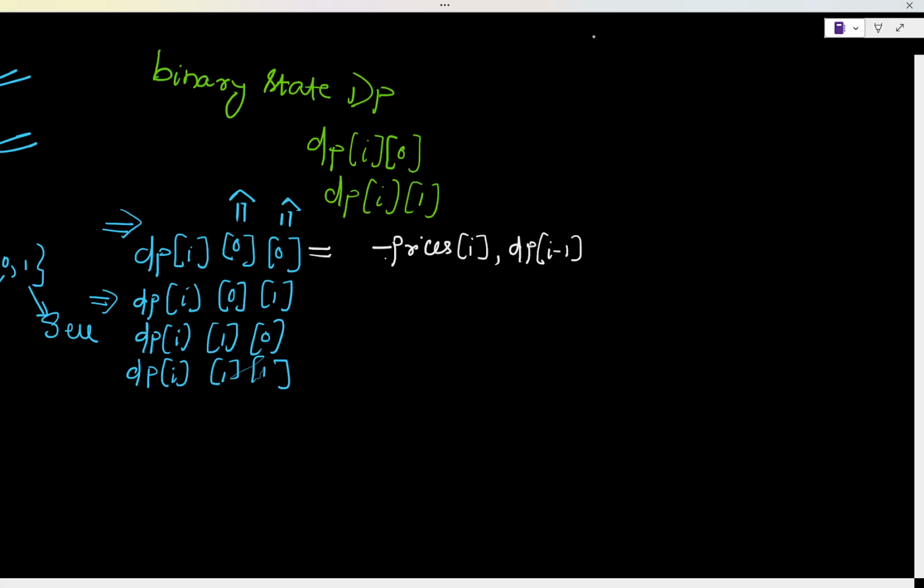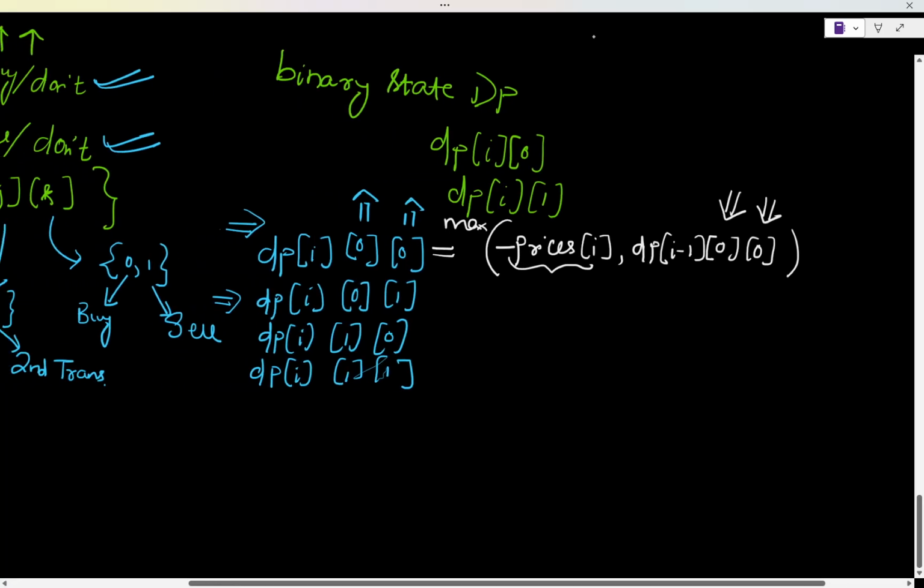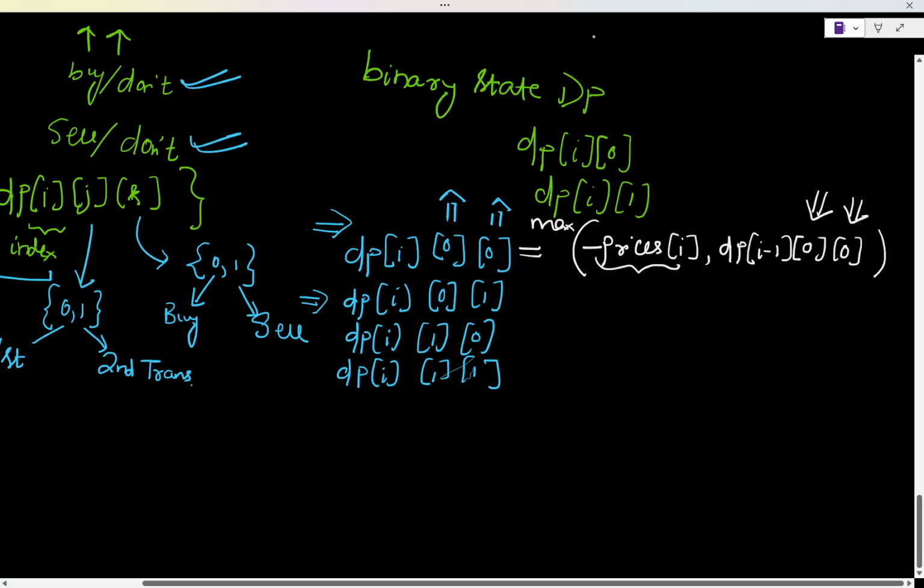So either I buy at I, or I just take the I minus 1 state 0, 0, the first transaction buy state. Whatever was optimal for I minus 1, either I take that or I bought at index I, and I'll take the max of it. So here is where we are implementing the idea of buy or don't buy.